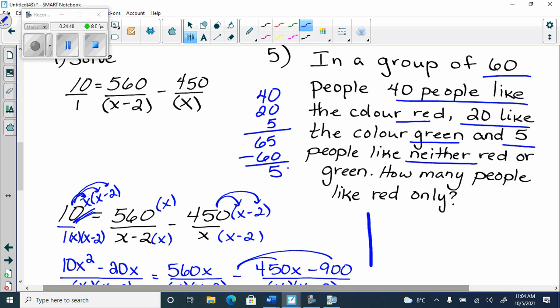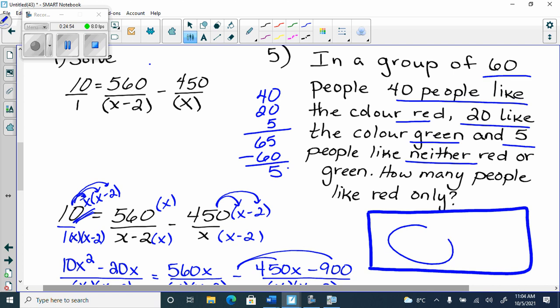If I go to do my Venn diagram, I have red, green, 5 in both, 5 who don't like any of them. How many like red only? What do I have to do? 35, because there's already that 5 that like red.